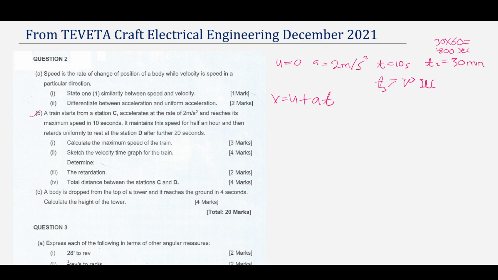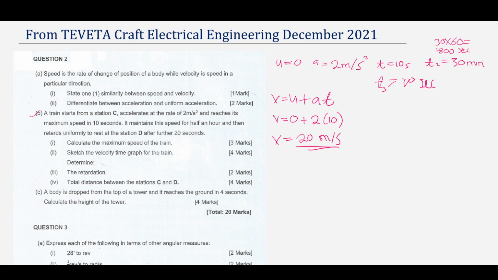Okay, so our V is equal to, our U is 0 plus our acceleration is 2, and then the time is 10 seconds. Then our velocity will equal 20 meters per second. This is the first one.